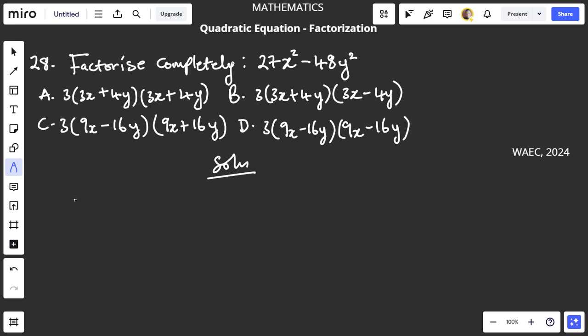Now this is what we have to factorize: 27x squared minus 48y squared. However, the general form of quadratic equation that we are aware of is usually in the form ax squared plus bx plus c.